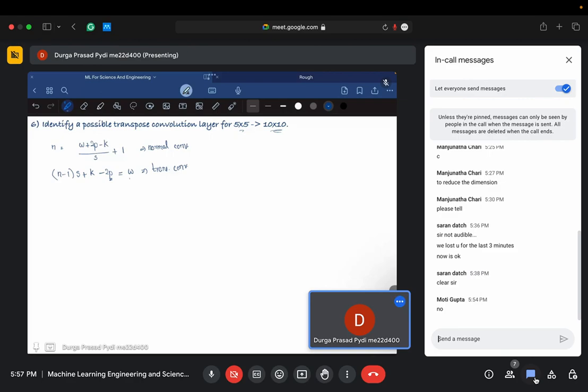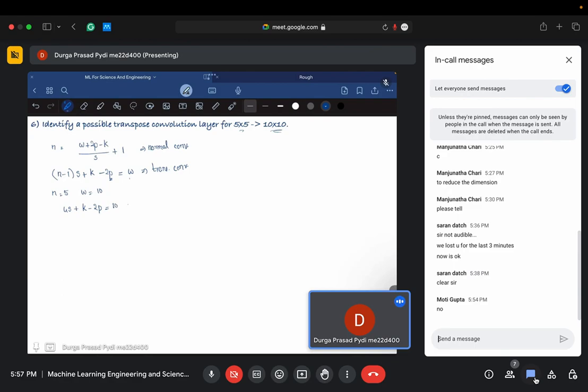Now here this is my input n. Let's say n is given as 5, w is given as 10. If I substitute this, 4s plus k minus 2p equals w, which is 10.